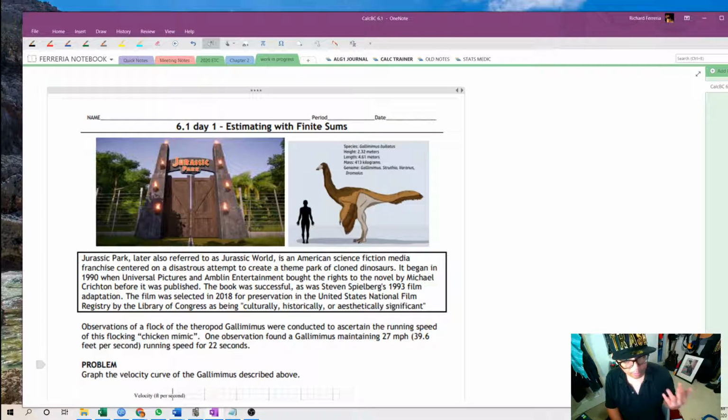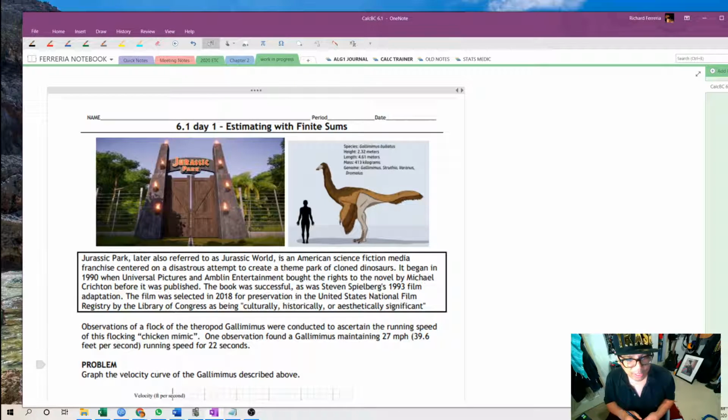The entire project began in 1990 when Universal Pictures and Amblin Entertainment, which is Steven Spielberg, by the way, bought the rights to the novel by Michael Crichton before the book was even published. The book was very successful, and as was Steven Spielberg's 1993 film adaptation.